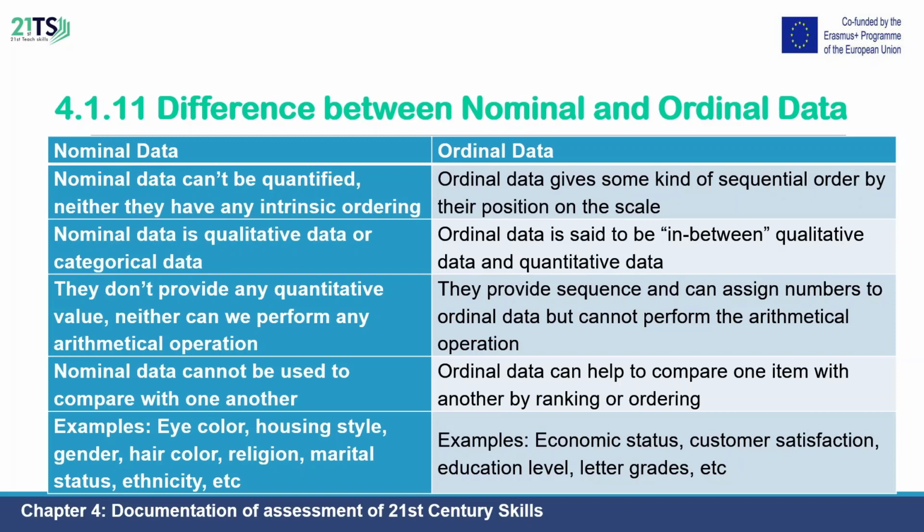And examples such as economic status, customer satisfaction, education level, and the letter grades participants get in their exams are classified under ordinal data. So when you differentiate these categories, it gives you information to collect the data for interpretation.